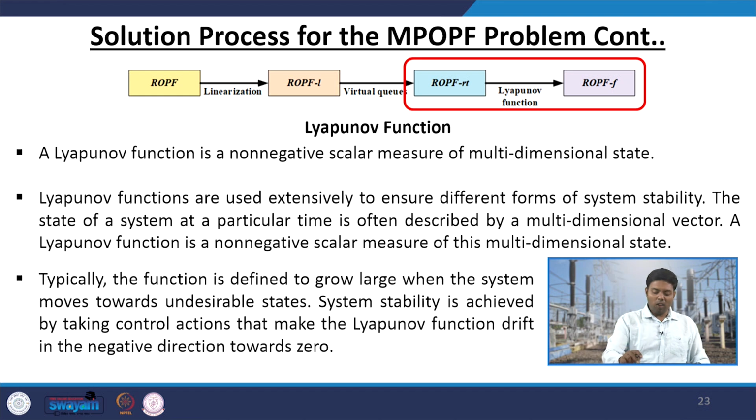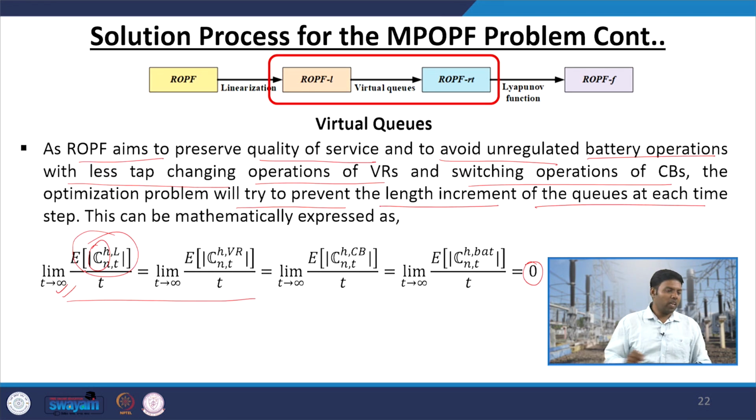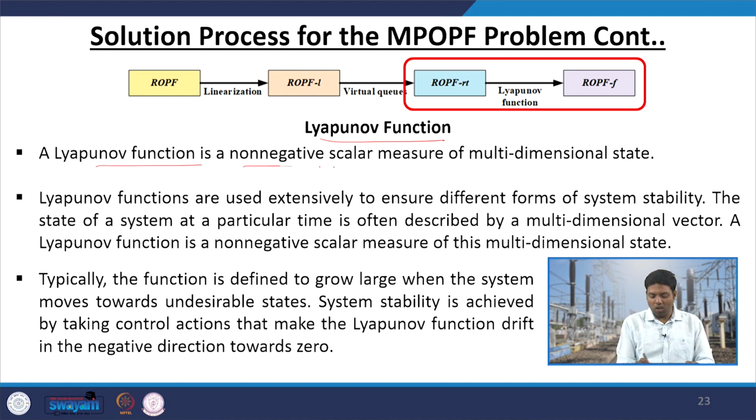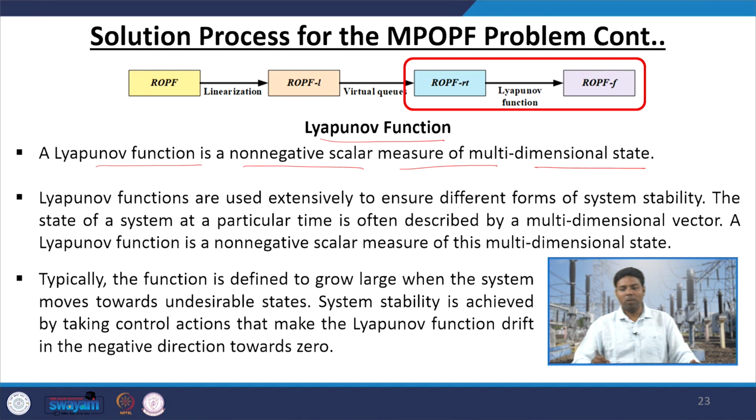But still you have limit T tends to infinity expressions that you cannot implement in a classical optimization problem. So, to relax that as well, the Lyapunov function comes to the rescue. What is a Lyapunov function? A Lyapunov function is a non-negative scalar measure of the multidimensional state. That means, when you have multiple queues, your problem has multidimensional restrictions on that OPF problem. So, if you use the Lyapunov function, that will give a scalar measure of that multi-dimension.